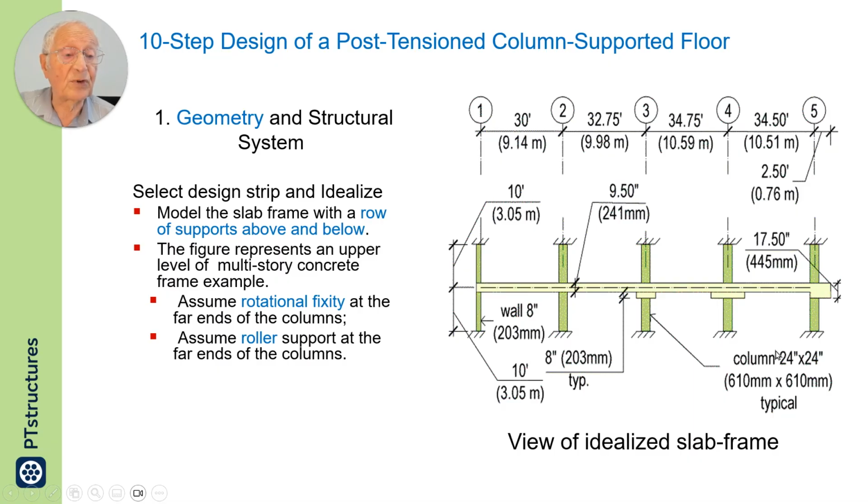It shows fixed but should be roller support so that the pre-compression would permit the shortening. So we have rotational fixity but roller support.